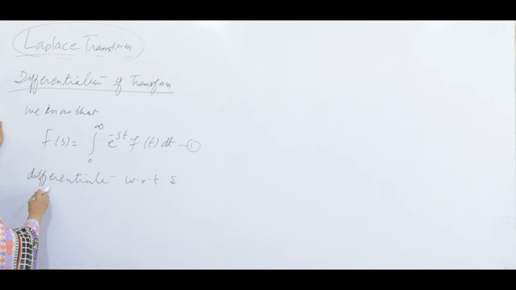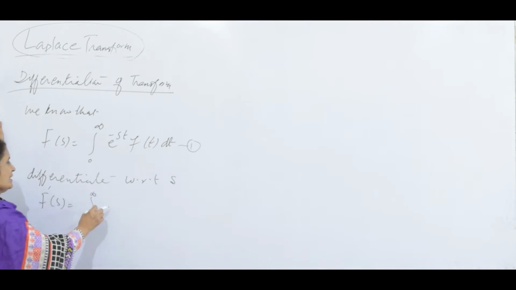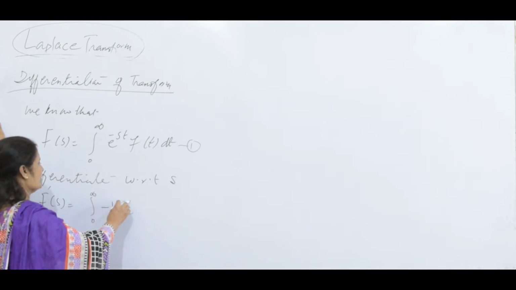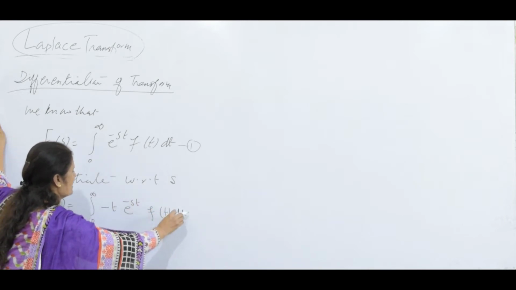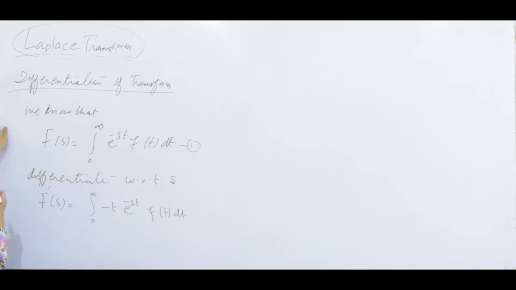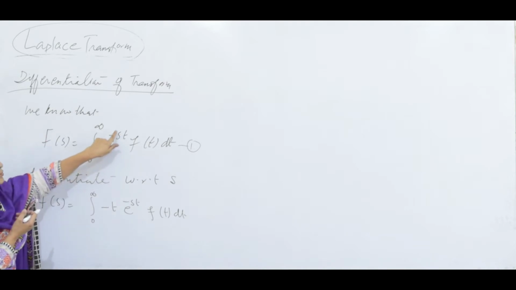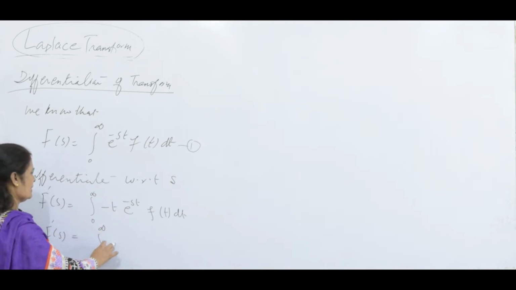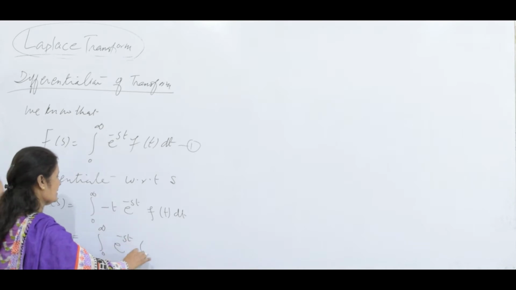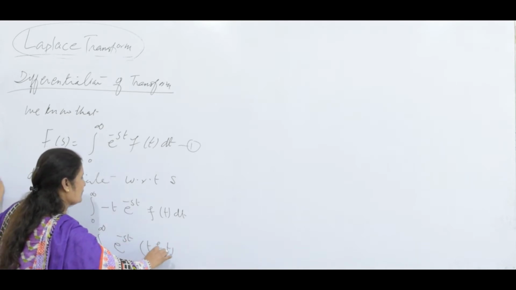On the left I will have F'(s), and on the right, minus t e^(-st) f(t) dt, since minus t is the derivative with respect to s. So it could be written as minus F'(s) equals the integral from 0 to infinity of e^(-st) t f(t) dt.